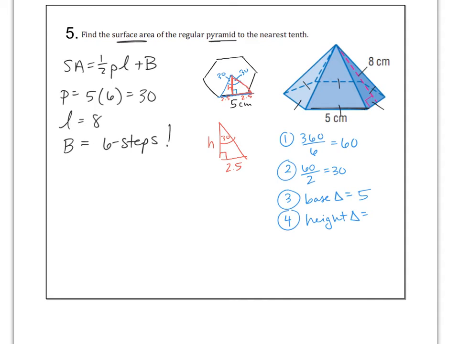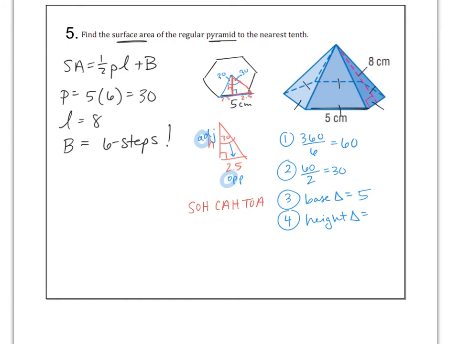Think about SOHCAHTOA. If we go across, the 2.5 is opposite. The H is adjacent to our 30-degree angle. So again, think about opposite and adjacent.